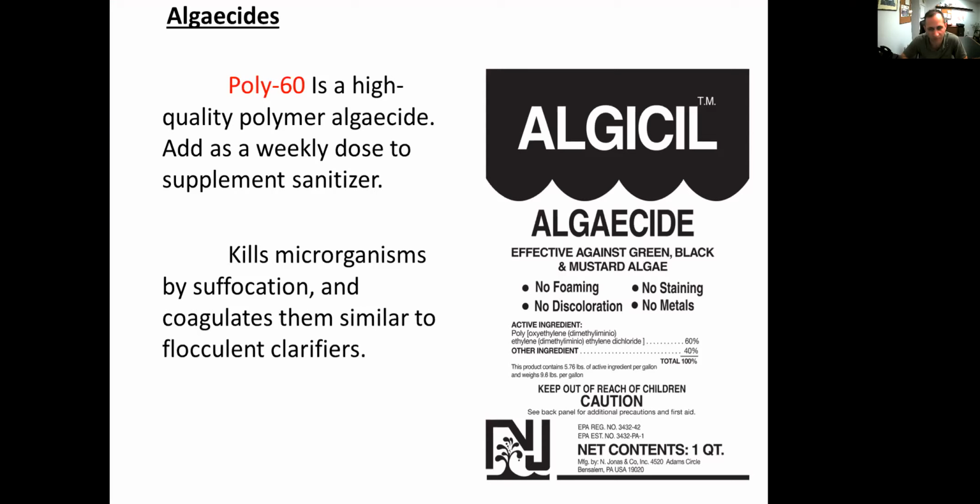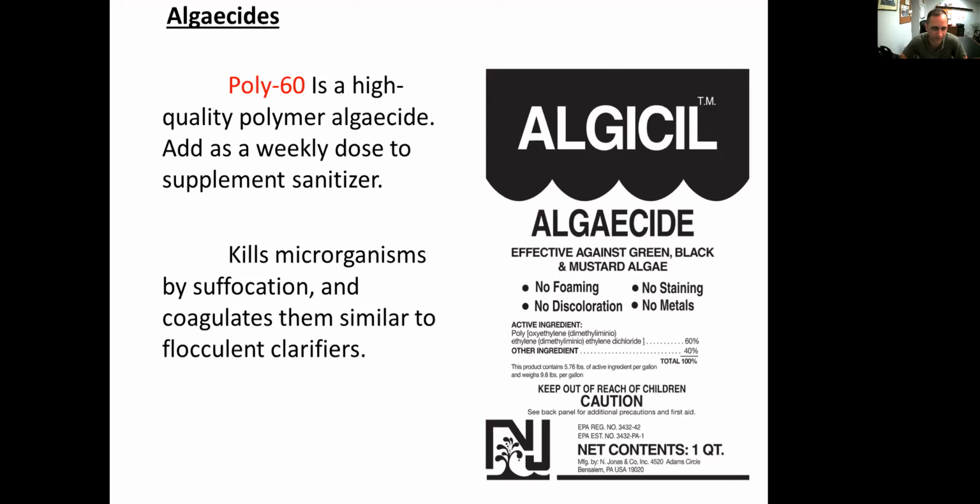But anything will help reduce your chlorine usage. Any kind of algicide, we recommend the Poly 60 algicide. It's a good polymer for killing algae. Also to be used as a weekly maintenance dose, because it'll help supplement your sanitizer, and you'll end up using less chlorine when that's present in the pool.